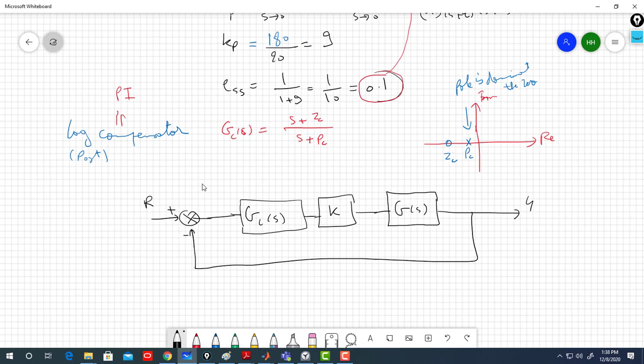So what is ZC and PC? We need to find ZC and PC. That's at the end, that's your goal: to find the compensator that reduces the steady state error by 10. And here is the trick.